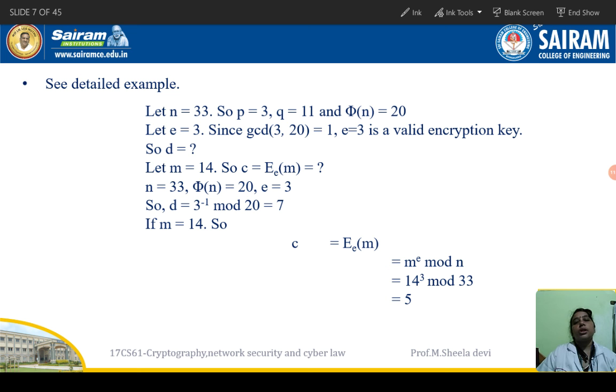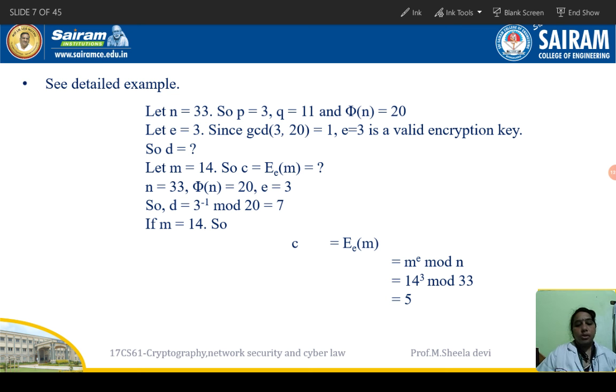Now we will go for the encryption part. We have the message, as we divided it into two blocks in the last slide. The value after converting into decimal is 14. So the message is 14, power e. What is e here? We calculated e as 3. So 14 power 3 mod 33 is equal to 5.